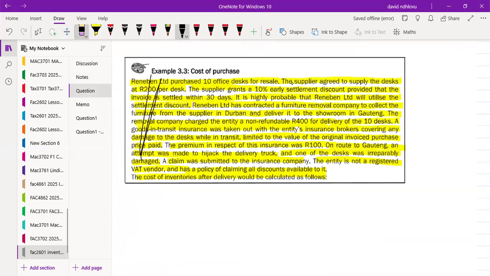In the question, these guys bought some desks, and we are told that they bought a maximum of 10 desks. So Ruben Limited purchased 10 office desks for resale. The supplier agreed to supply the desks at 200 Rand per desk.